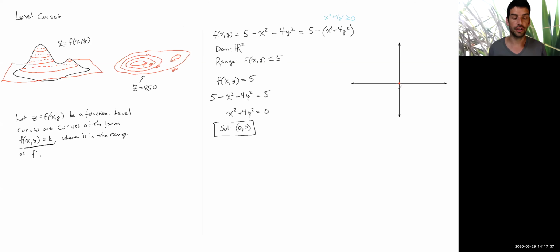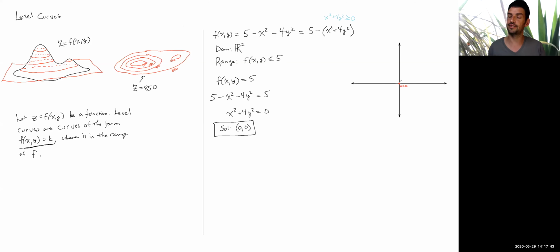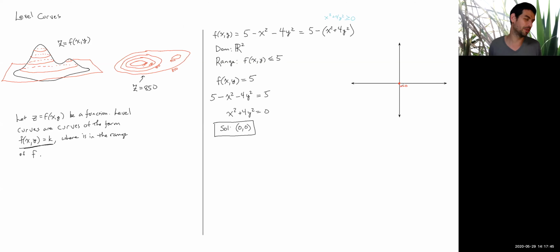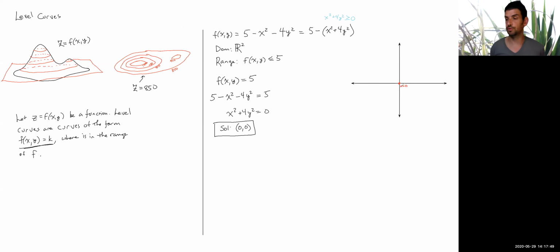This is, I usually write something like k equal to 0. That's the solution, the level curve for k equals 0, right? It's a point. It's not exactly a curve, but we'll accept that. It's still giving us information about the graph.